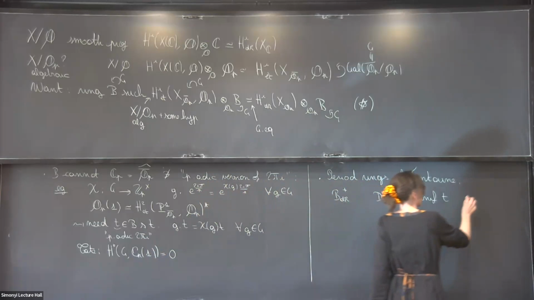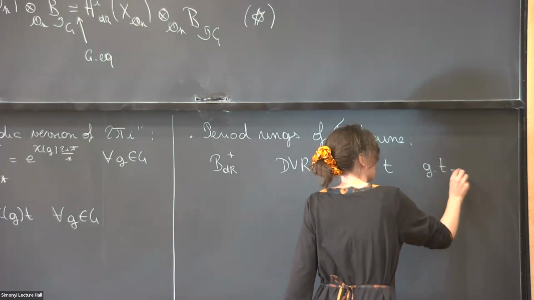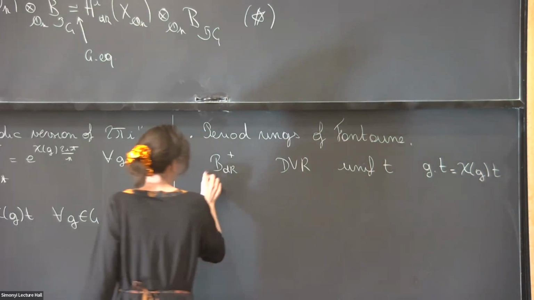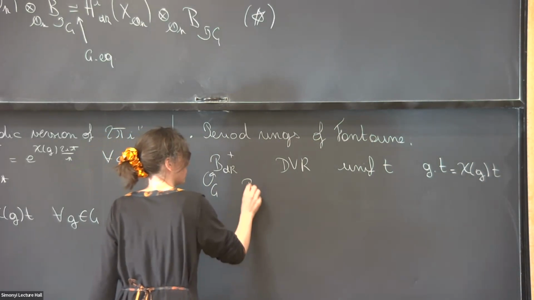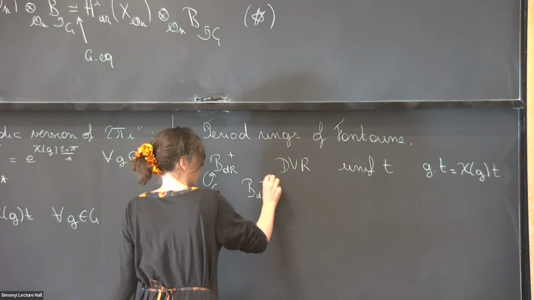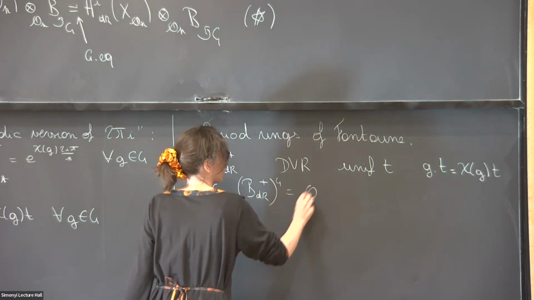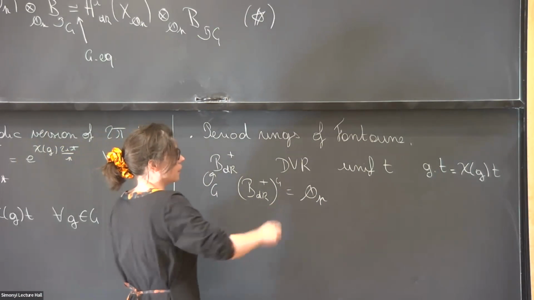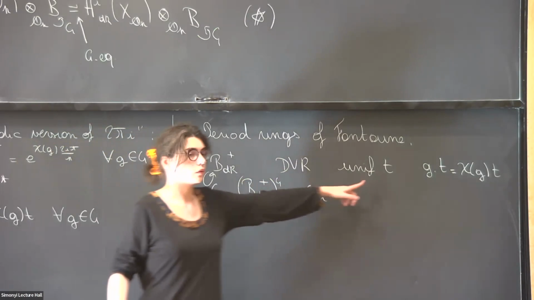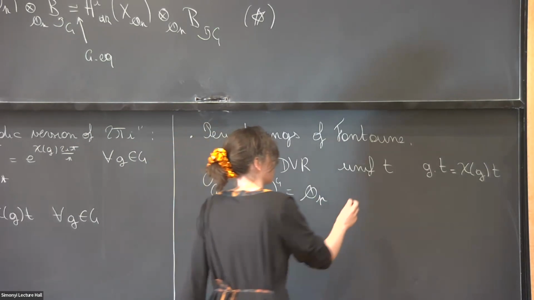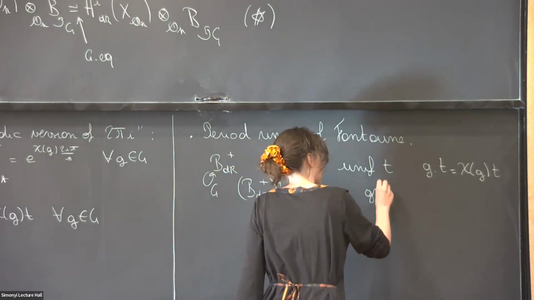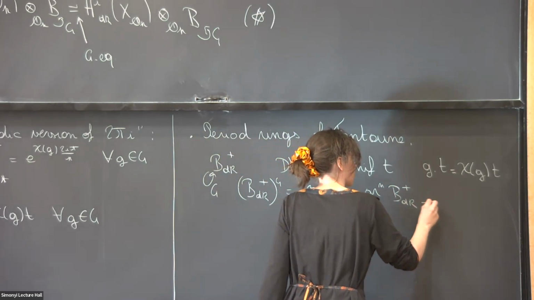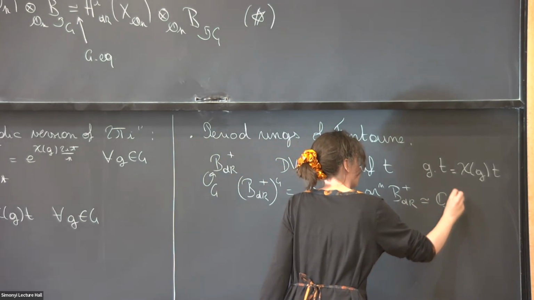So we have that G acts with the cyclotomic character. We have an action of G here, and the fixed points of this action are Q_p. Also we have a filtration given by the powers of t, and the graded pieces are given by the twists of C_p.